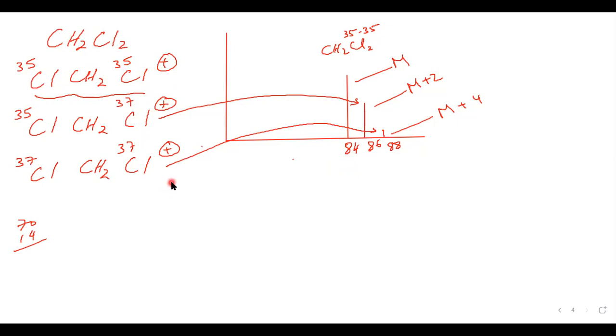Yes, but now this is another thing that we have to consider. In a mass spectrum, we don't have decimal points. All of them are actual numbers, integers, whole numbers. Okay, I got it.